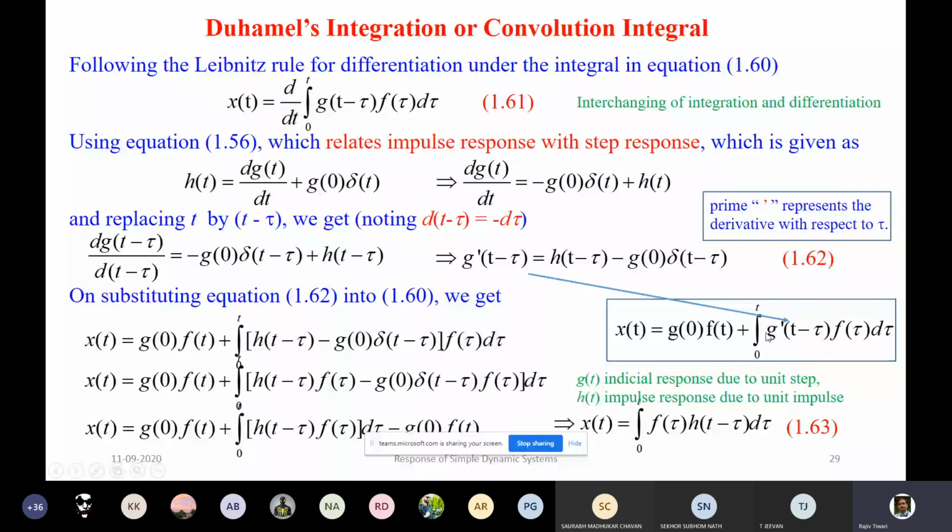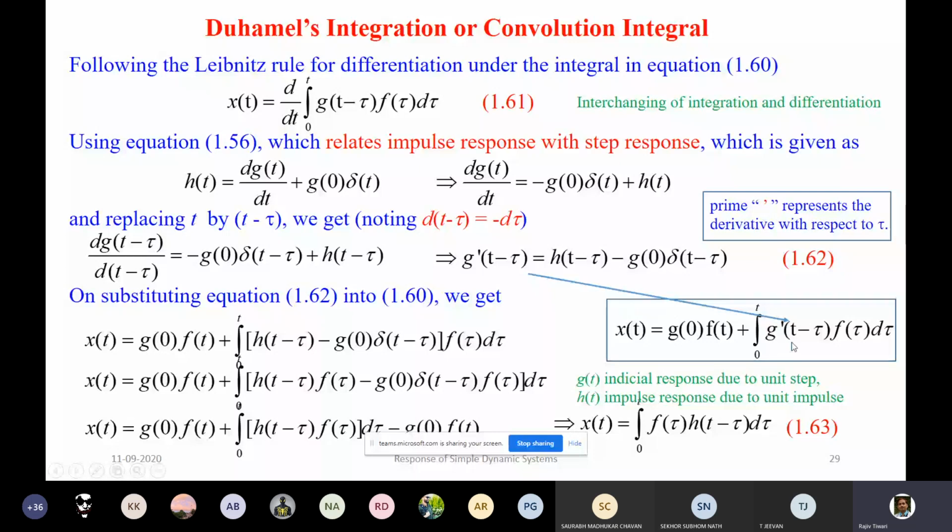We want to replace this with h. So now we have obtained that derivative term in terms of h, and we can substitute it here. We started with the relationship between the step response and the impulse response, obtained the derivative of that, and now we are replacing it here.